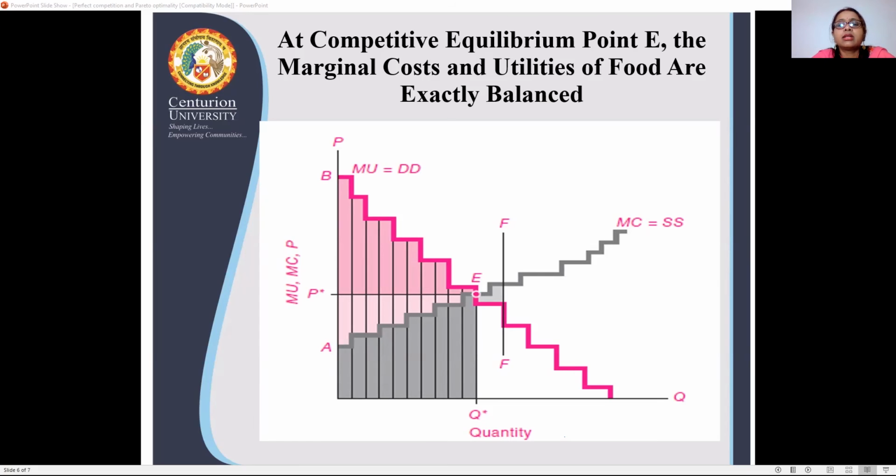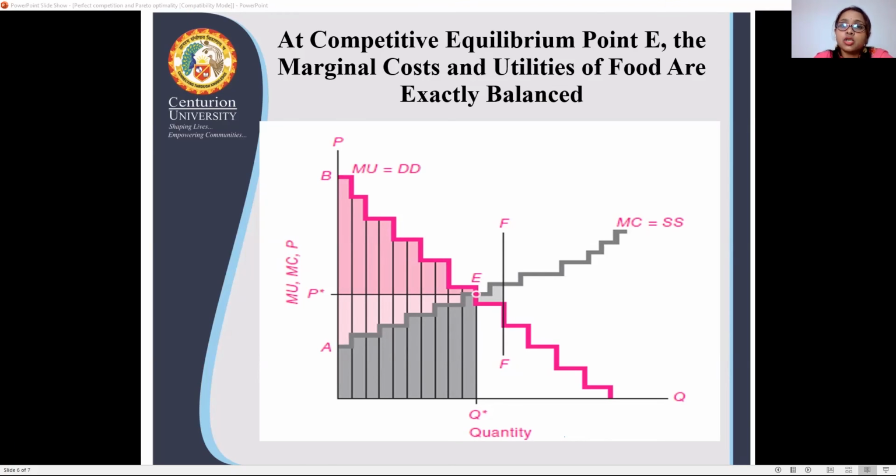That is why the allocation is efficient. If price is equal to marginal utility, we have the curve, so marginal utility is equal to the demand curve. Similarly, it also intersects the marginal cost curve. MU and MC intersect where demand and supply intersect. So at this point E, price is equal to marginal utility.